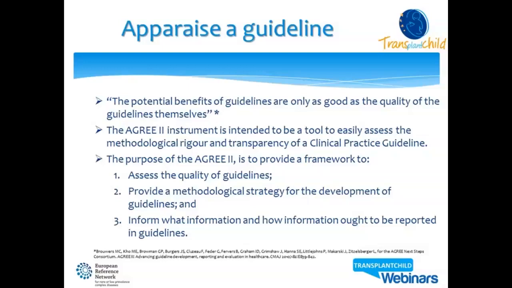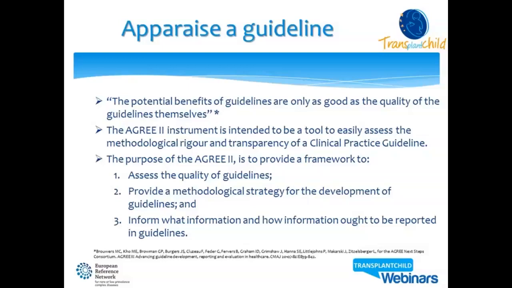The aim of this instrument is to provide a framework to assess the quality of guidelines, the definition of quality we have in mind, and to provide a methodological strategy for the development of guidelines. That means not only reading practice guidelines critically, but also having a guide to develop our own CPG, and informing what information and how information ought to be reported in the guidelines.